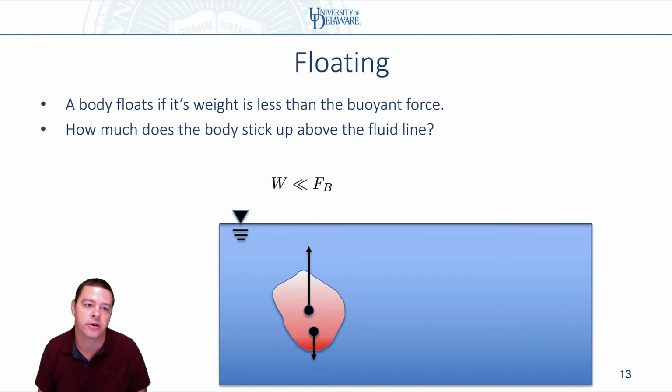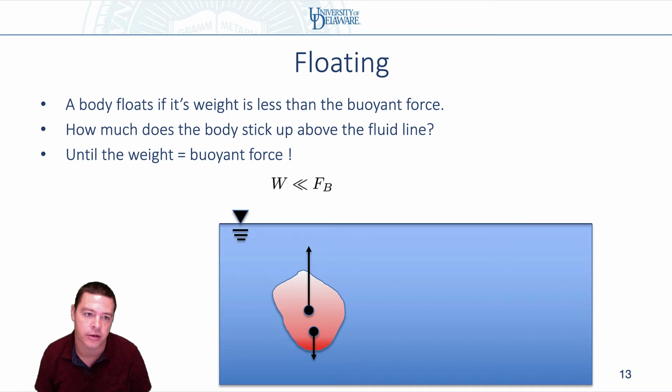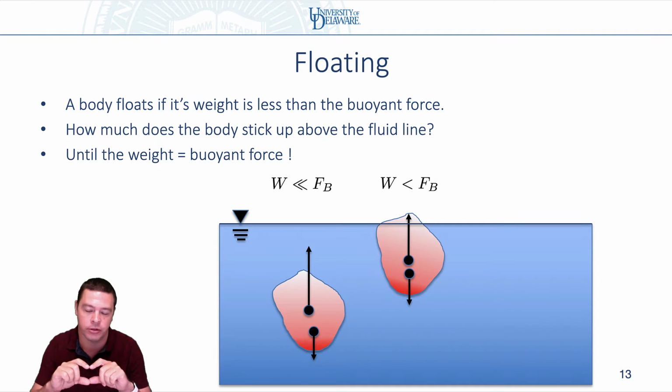I think the bigger question is how much does a body stick up above the fluid line? At some point it will breach the surface, and eventually portions of the object no longer displace any fluid. You have portions that poke up through the fluid boundary, and that portion no longer contributes to the buoyant volume of the object, or the displaced volume of fluid.